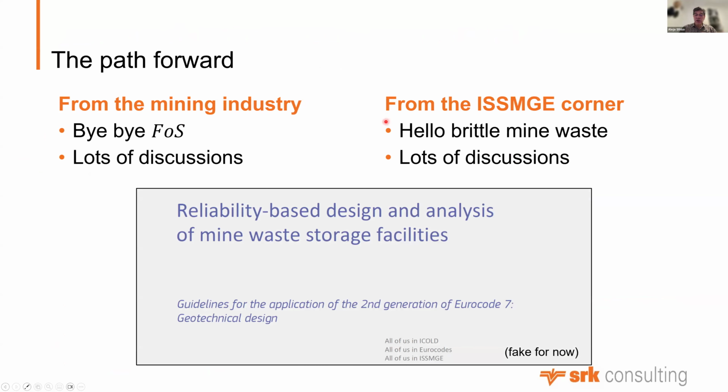From the ISSMGE corner, which is us in this meeting, brittle mine waste requires a little bit more thinking than applying standard procedures that are, for instance, LRFD, which doesn't look good to start with, at least for now. We also need to have a lot of discussions because the operational aspects are controlling the behavior.